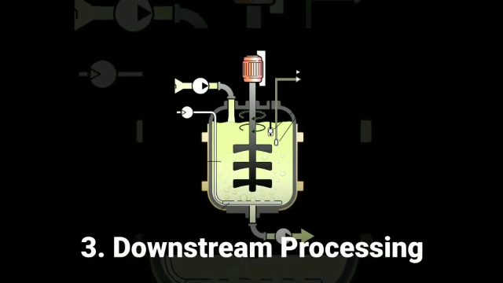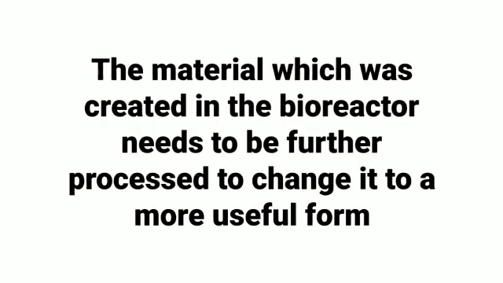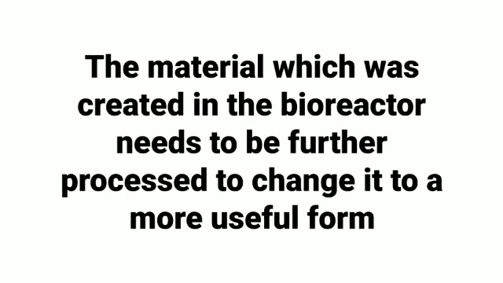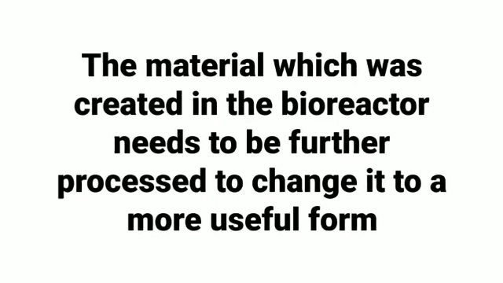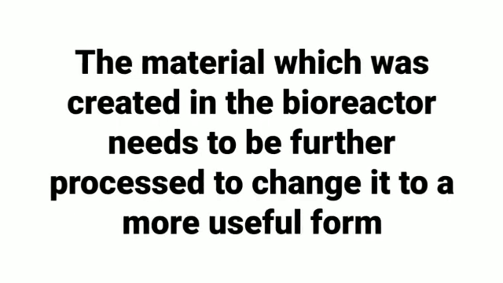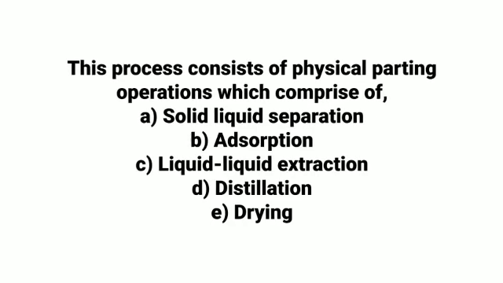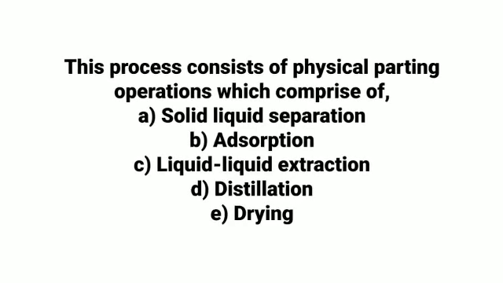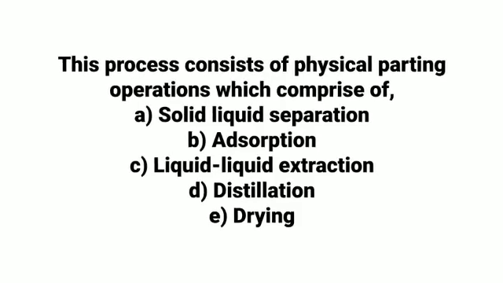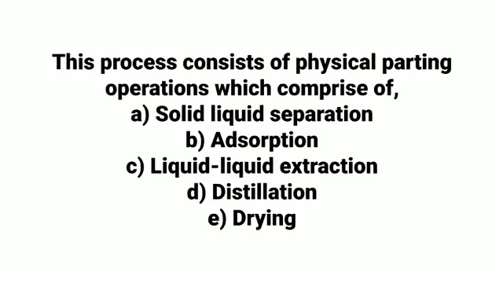Third stage, downstream processing. The material which was created in the bioreactor needs to be further processed to change it to a more useful form. This process consists of physical parting operations which comprise solid-liquid separation, adsorption, liquid-liquid extraction, distillation, and drying.